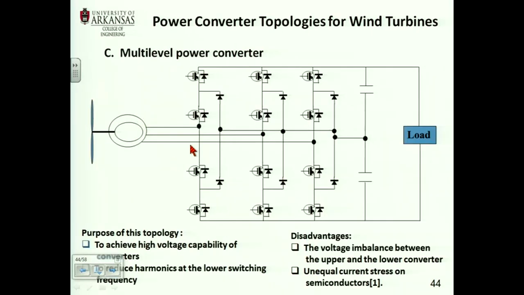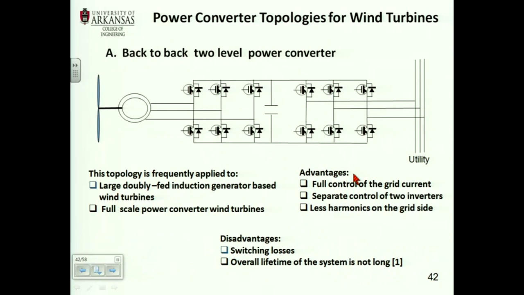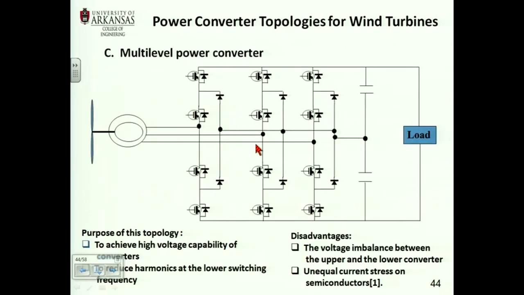And now, if you want to increase the voltage that you get here, this is a 2-level because you have a positive and a negative. If you want to increase the voltage, you go to a 3-level, and that's a 3-level converter. And what's the problem here?